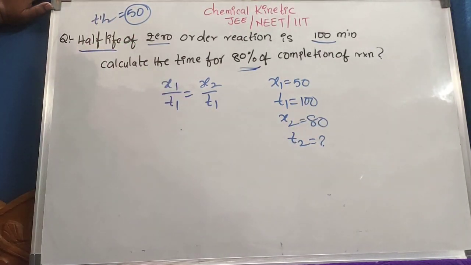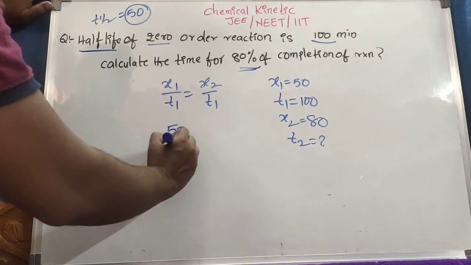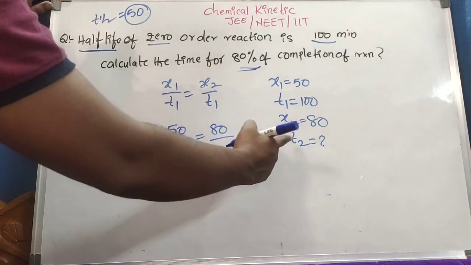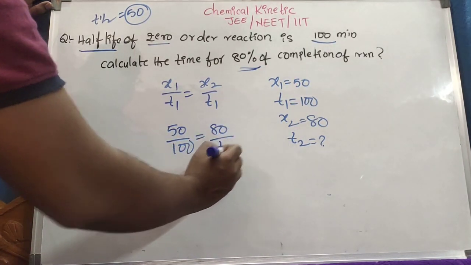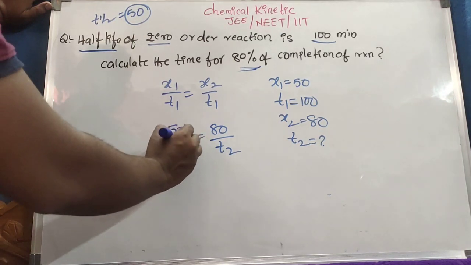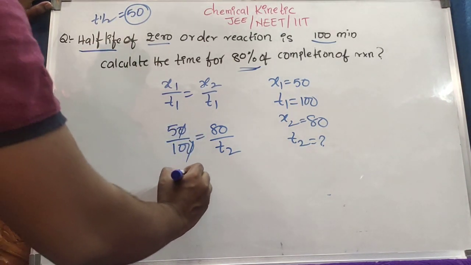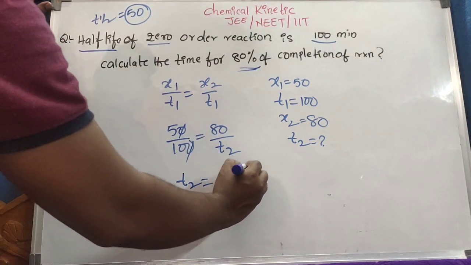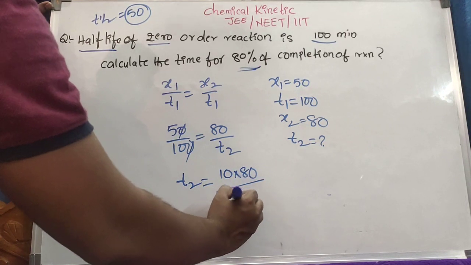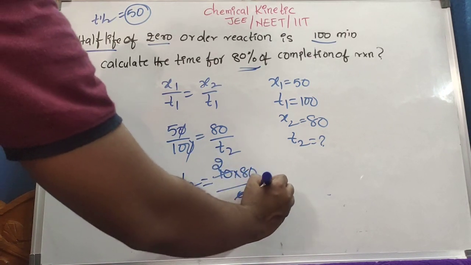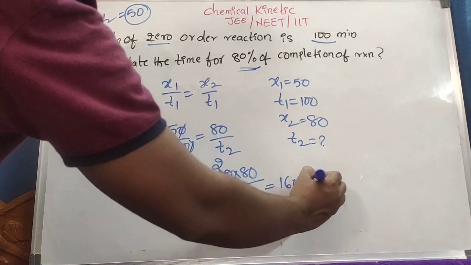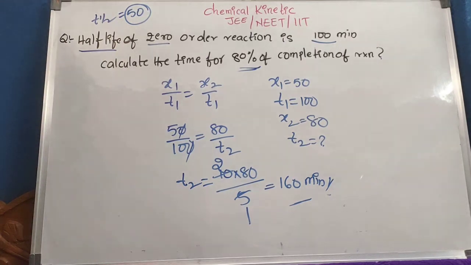It is the question mark. So 50 by 100 equals 80 by t2. Zero gets cancelled. So t2 equals 10 into 80 by 5. 5 twos are 10, that means 160 minutes is the right answer. Here time t2 is 160 minutes.